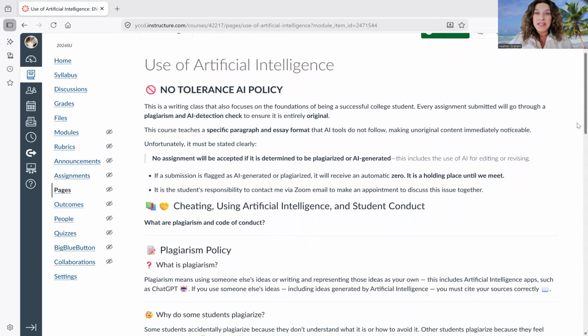If something does come up as AI, it will receive a zero. The zero is a holding place, and then we'll meet. I'll request that you reach out to me to set up a meeting, and we'll meet and go over the work, find out why it was flagged for AI, and we'll proceed from there. But the zero will be a holding place until we have that conversation.